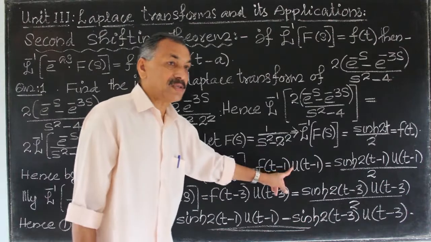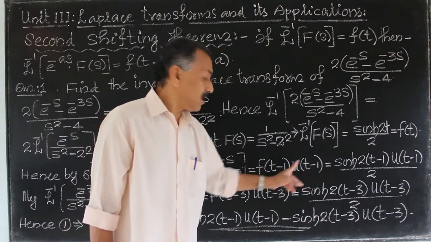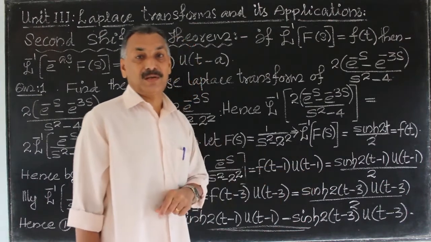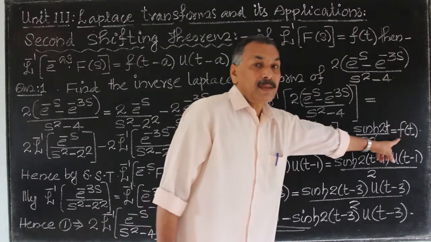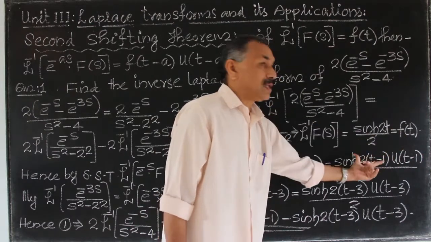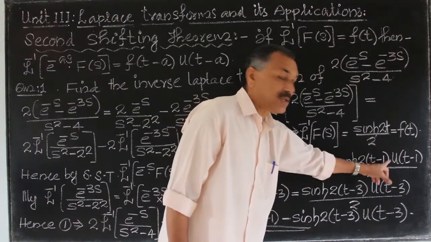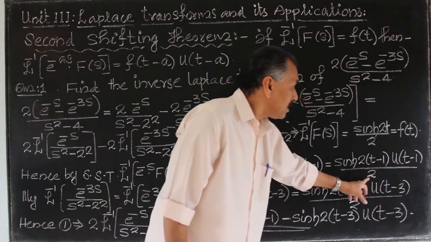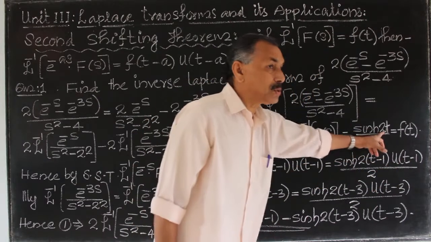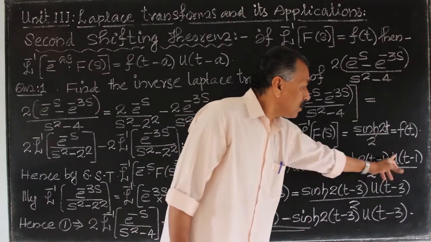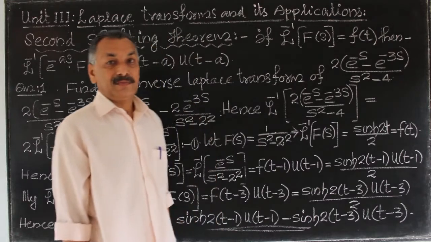Then f(t minus a) into u(t minus a). That is f(t minus 1) u(t minus 1). That means instead of t in f(t) we put t minus 1. That is sinh(2(t minus 1)) u(t minus 1) divided by 2.